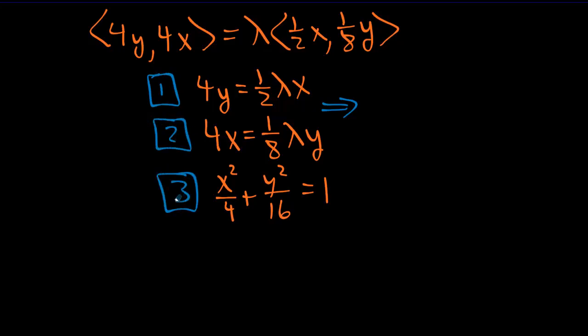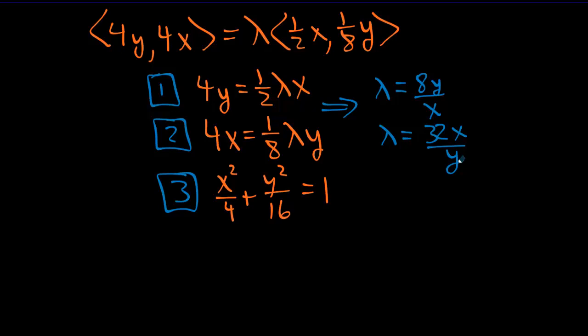Let me just solve equations 1 and 2 for lambda. From the first equation, I get that lambda is equal to 8y over x. And in the second one, I get that lambda is equal to 32x over y.